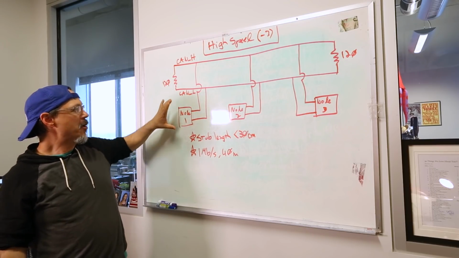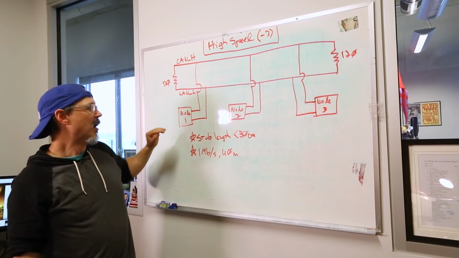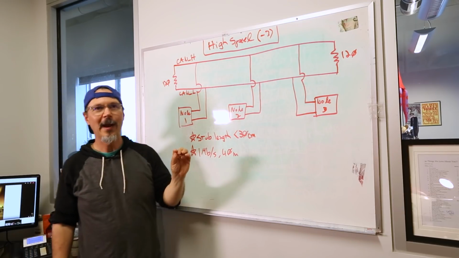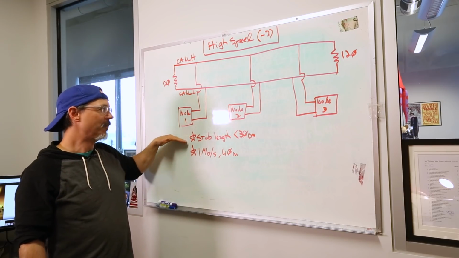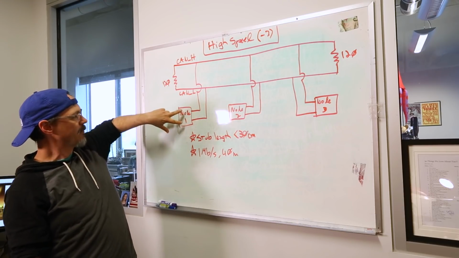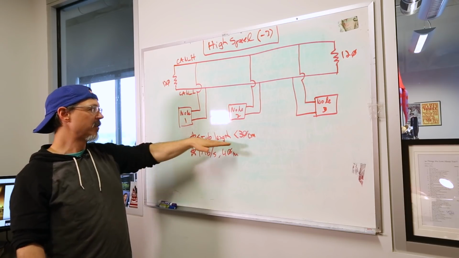The individual nodes do not have termination resistors on them. But the spec specifies that each stub length, the distance between a node and the bus, is no greater than 30 centimeters.